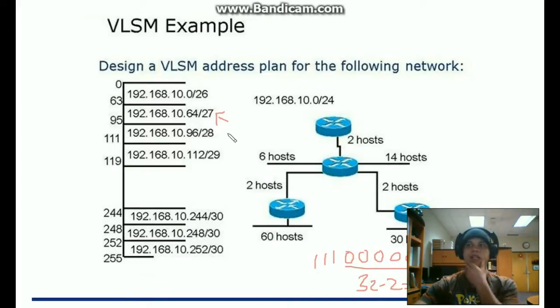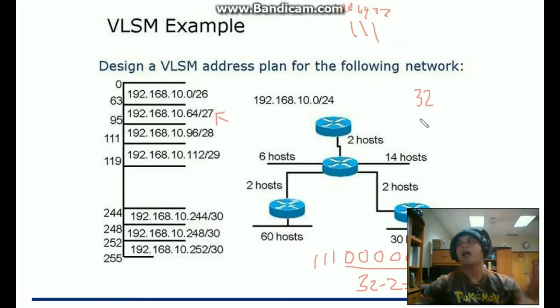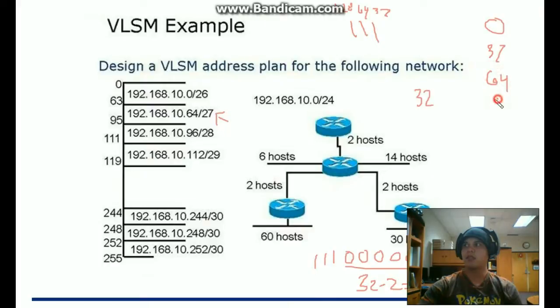So what that being said is, what's our rotator here? 128, 64, 32. So we're rotating by 32. If we have a /27, our subnet IDs have to land on a rotation of 32. So we have 0, 32, 64, 96, 128.